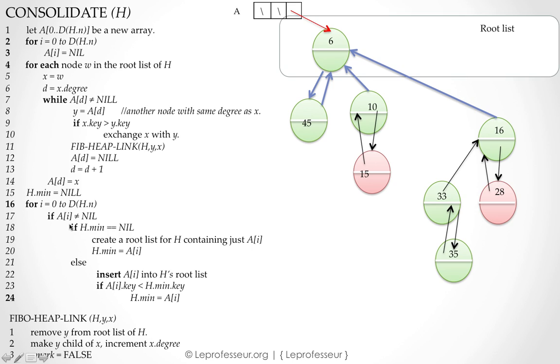Now let's say we go for i equal to 0 to D of H.n, which means we want to check each position in this array A. If it is nil, then we keep on moving forward. When we find a not nil position, then we insert the node which is pointed to by the pointer in the A position into the root list.